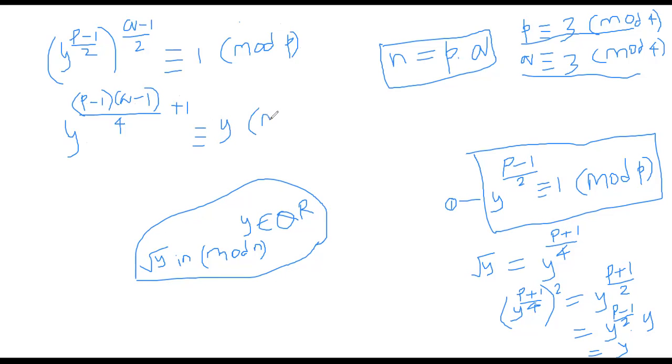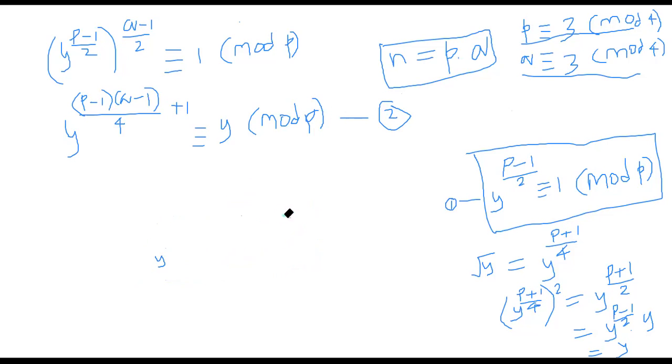The next thing I need to do: here's mod p. Symmetrically, you will be able to obtain another equation, which we'll call 2, by exchanging p and q basically.